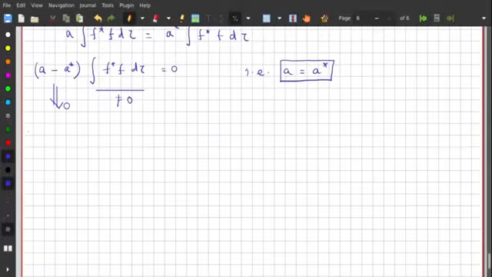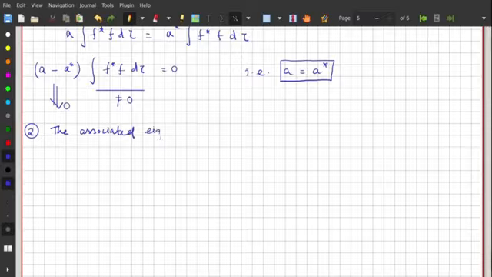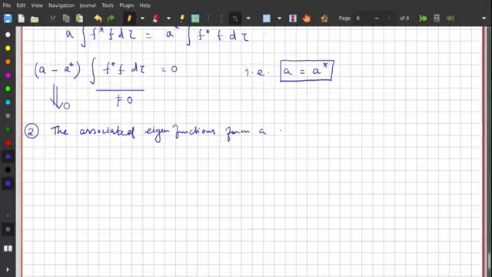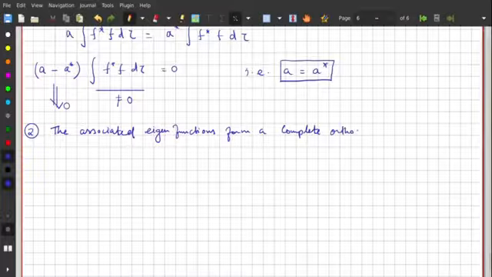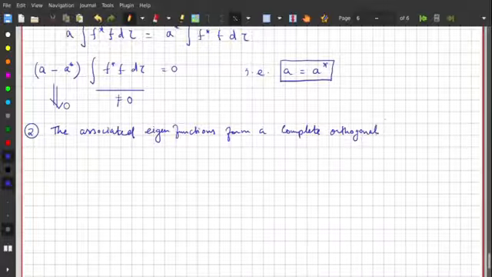Okay, and that comes to the second important property, associated with eigenfunctions. Eigenfunctions form a complete, orthogonal and normalizable set.